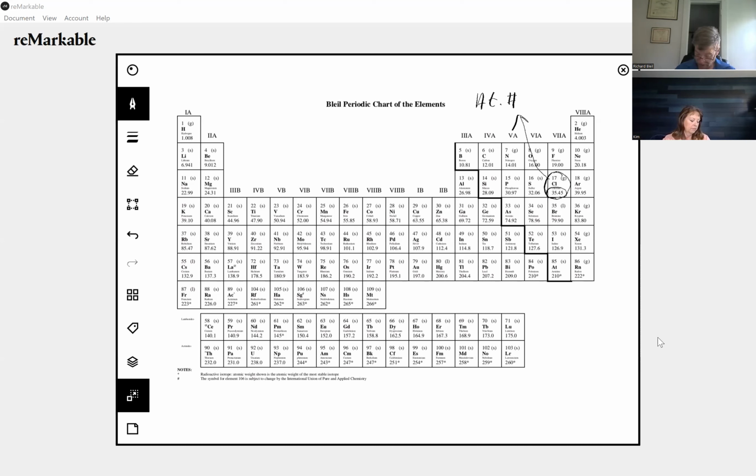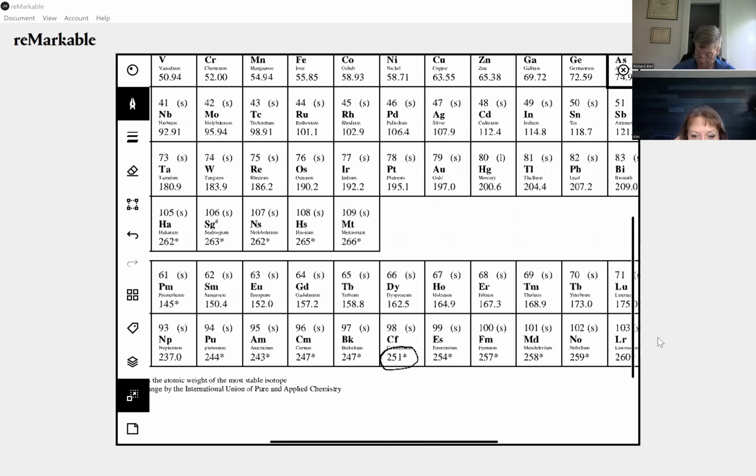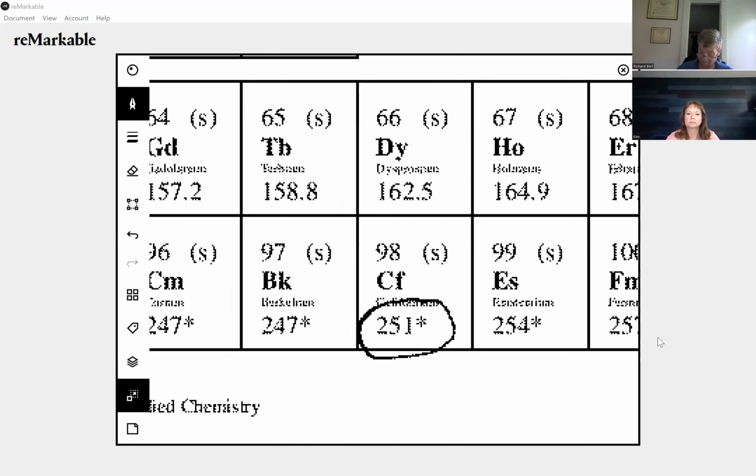Now, last time we talked a little bit about the numbers down here, like californium, where you're going to see a whole number. For californium, the number is 251.